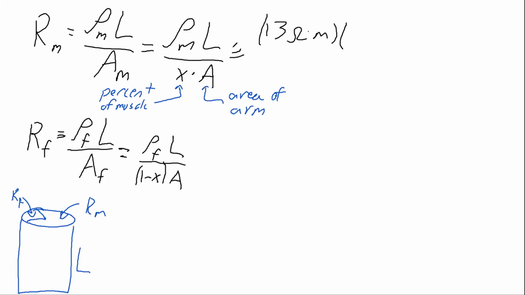The length of the arm was 25 centimeters, so 0.25, divided by X, which we don't know, times the area, which is going to be pi r squared, because we're taking it to be a cylinder. And what was the radius? I have it down as 8 centimeters for the diameter, so the radius would be 4 centimeters.